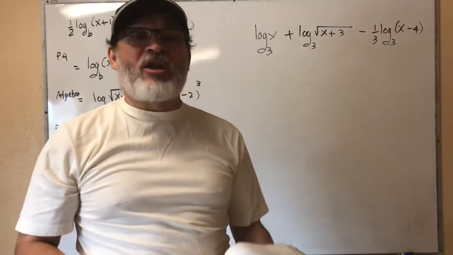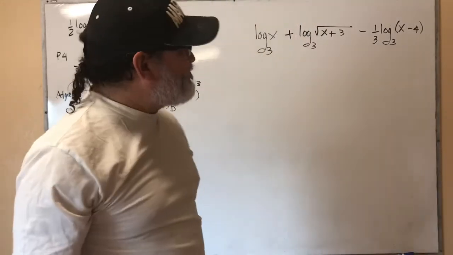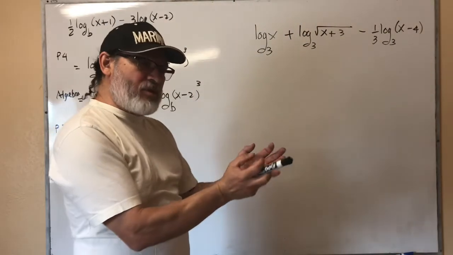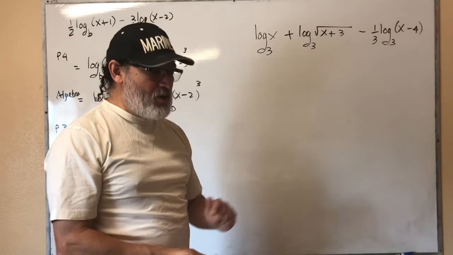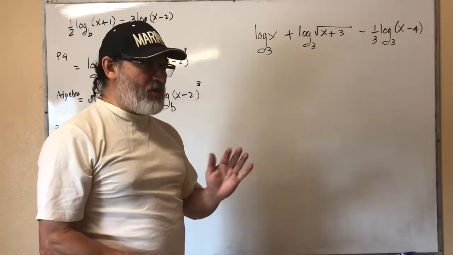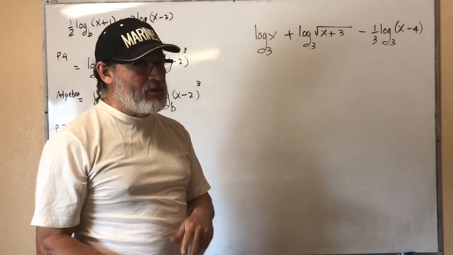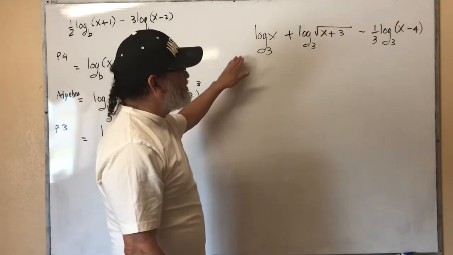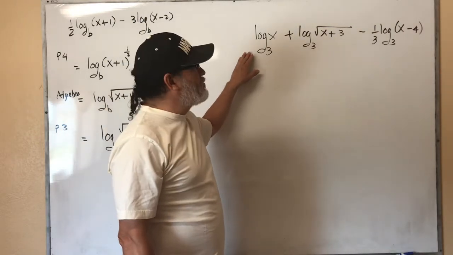So here we have 3 logarithms. Let's make this into a single logarithm. This is important. You have to know how to do this if you're going to solve equations later. Okay? So let's make this into a single logarithm.